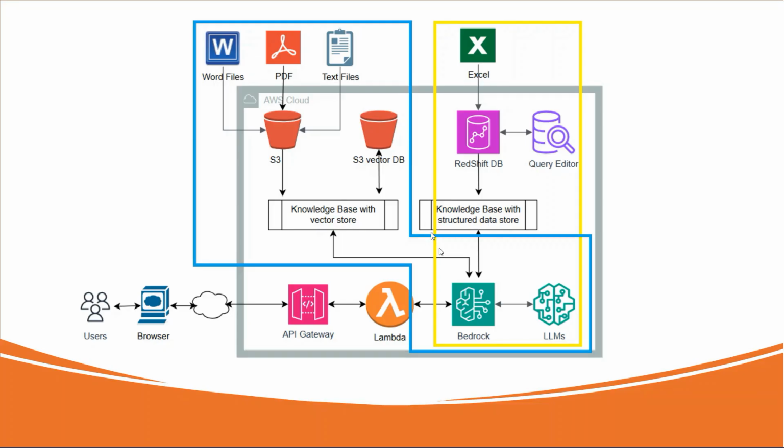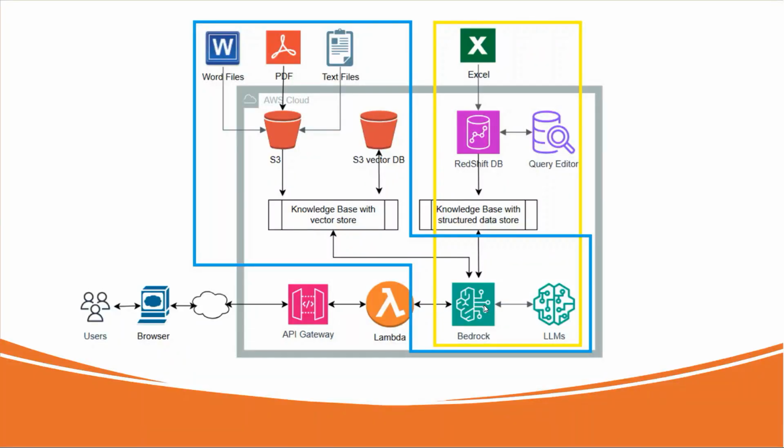When we ask some questions in the Bedrock, it refers to this data instead of this data. That's how this concept works. So that is how Retrieval-Augmented Generation, which AWS calls knowledge base, works inside this cloud platform.